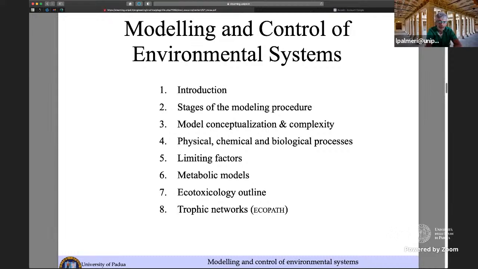During these procedures, one of the first and more important steps of the modeling procedure is that of model conceptualization. We'll give some examples of what we mean by model conceptualization.